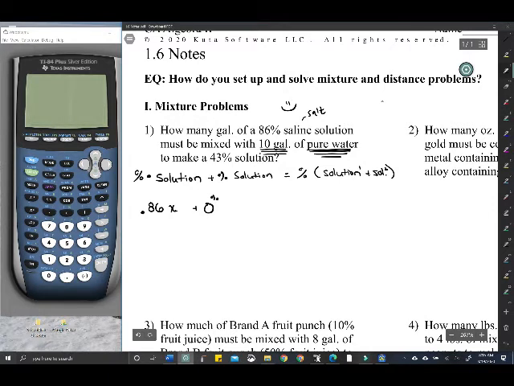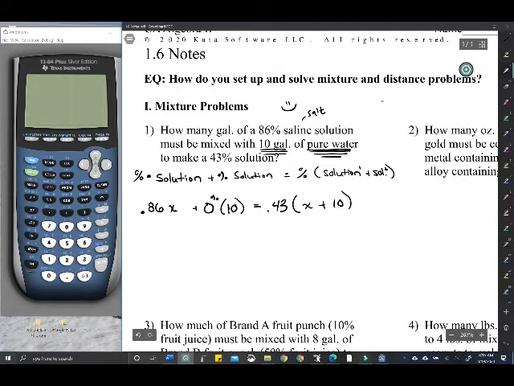That's a little trick there. So 0 times 10 gallons, and that's going to equal 0.43 times our original solution that we're adding, which we don't know, and then plus 10.